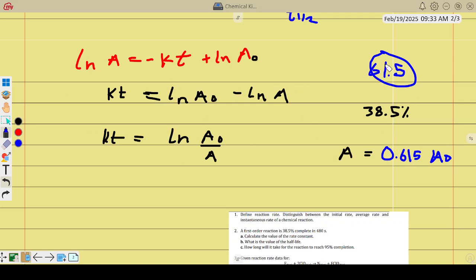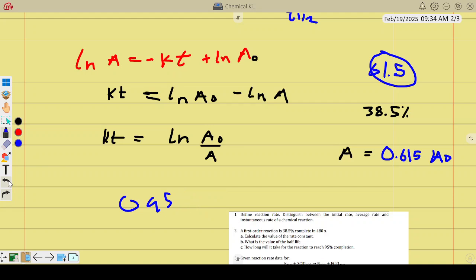This is something you should take note of. When they tell you that a reaction was complete by 40%, it means in your calculation the final concentration will be 60% of the initial, and then you divide this by 100. Clear? If not, just send me a message, say things are not going well, can you explain more?